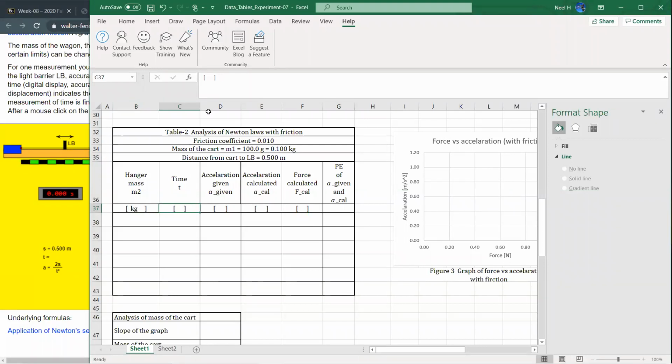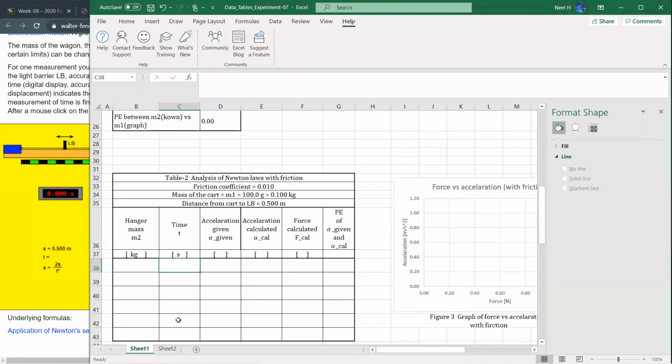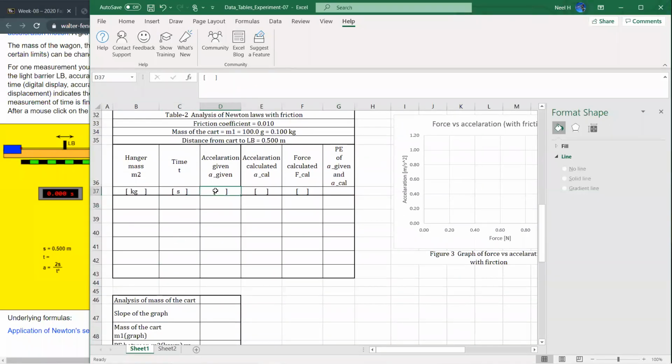And the time, we actually don't even need time. I put it there because we can calculate the acceleration. Since we have already seen this equation, we checked that. We don't even need that, but let's complete it since it is on the table. Acceleration given, meter per second squared, you can get that answer directly from the simulator.